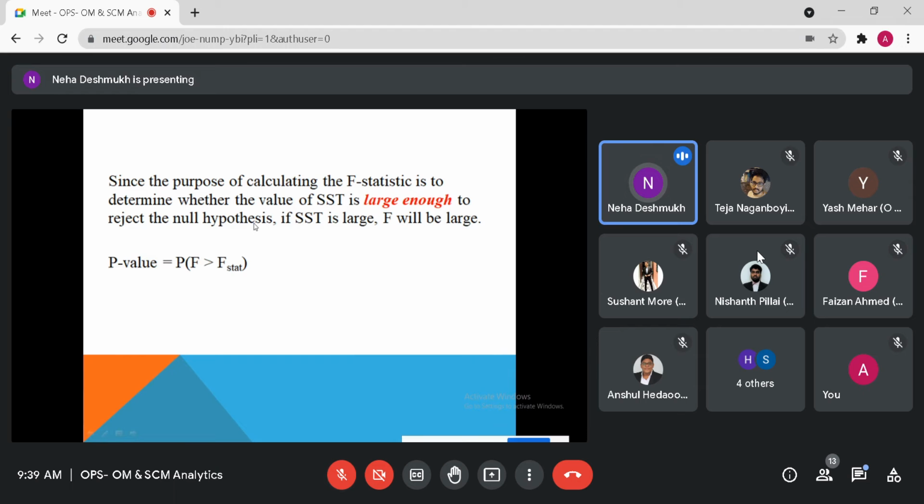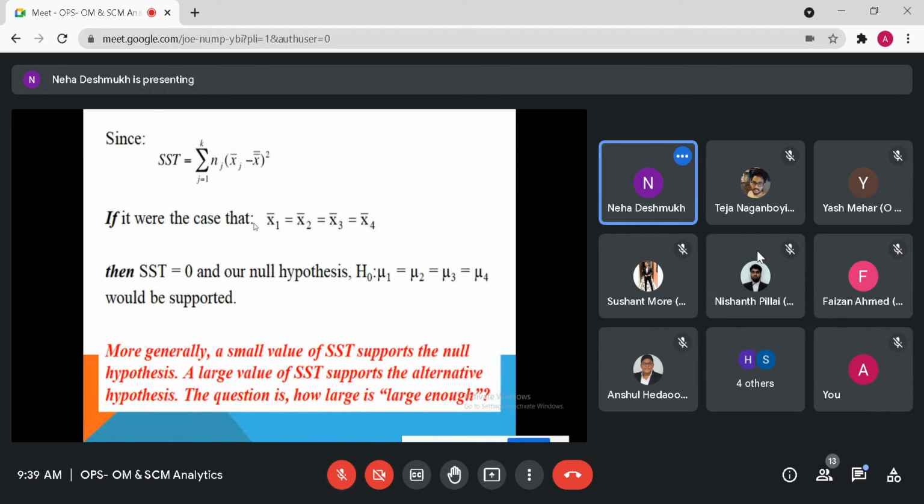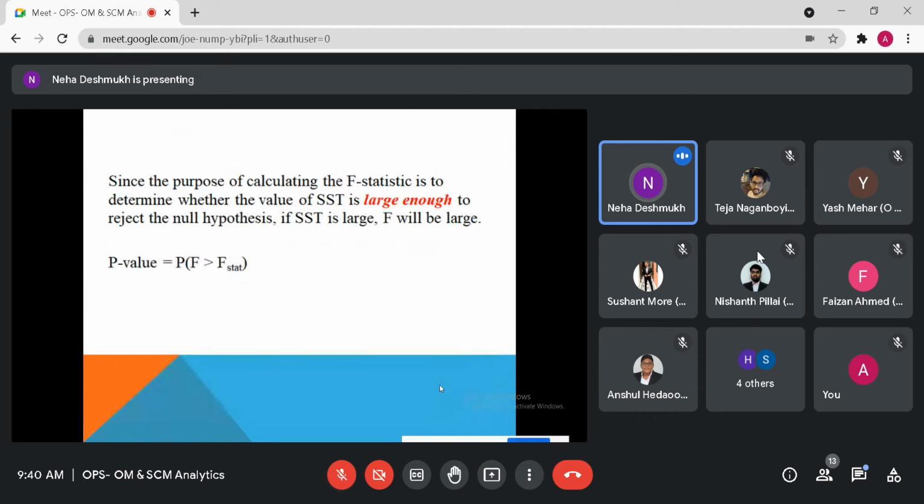When the SST value is large, we usually reject the null hypothesis. A small value of SST supports the null hypothesis. A large value of SST supports the alternative hypothesis, which means the null hypothesis is rejected. This is one of the interpretations.